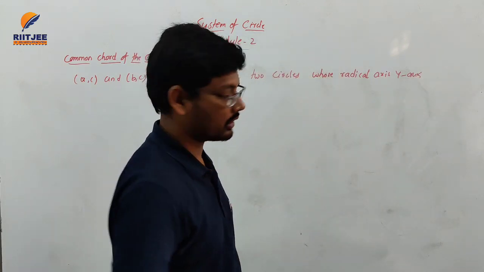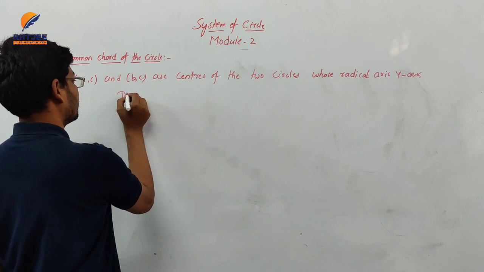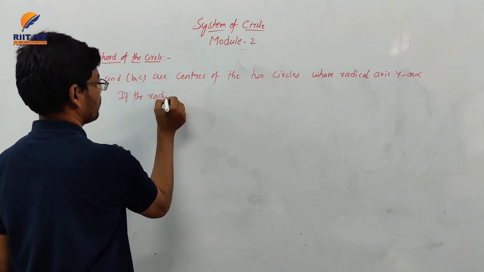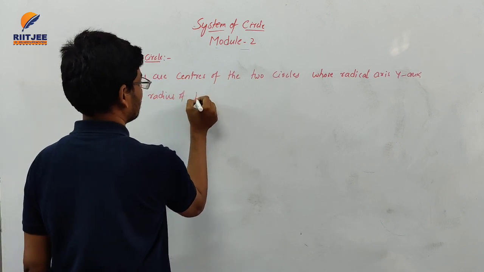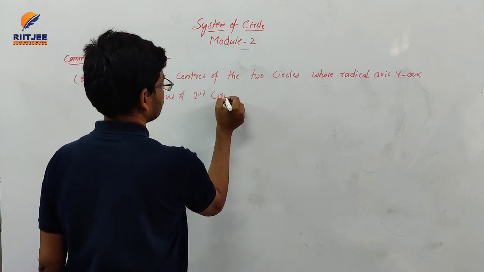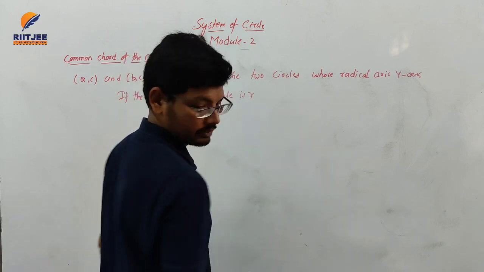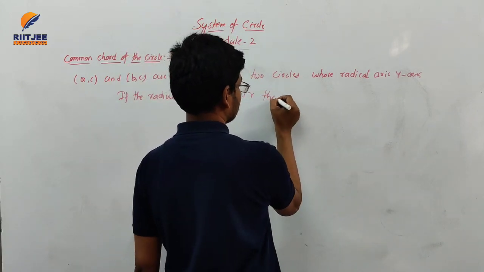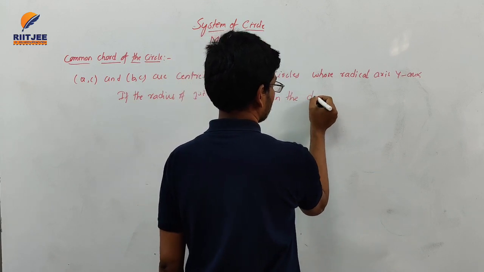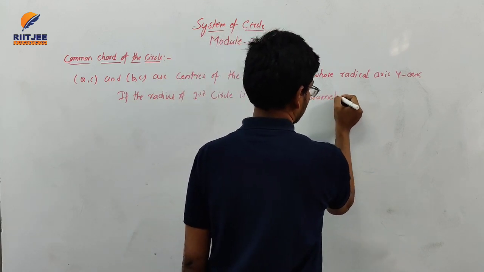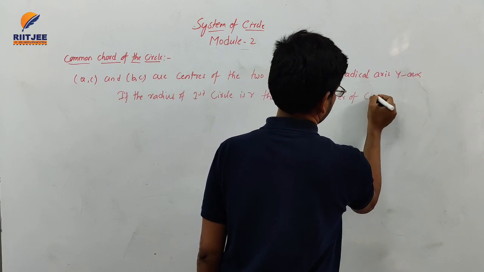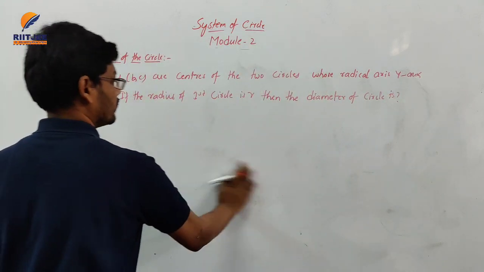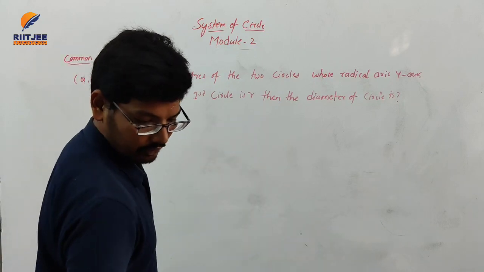If the radius of the first circle is r, then the diameter of the circle is what? This is the question number 15 here.